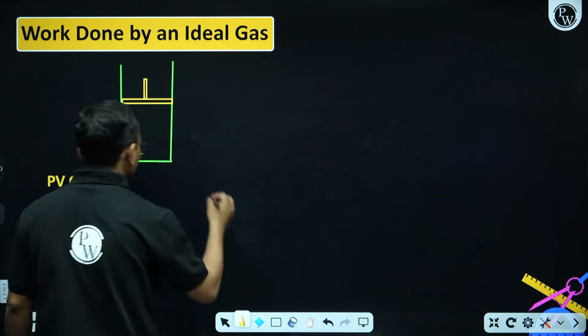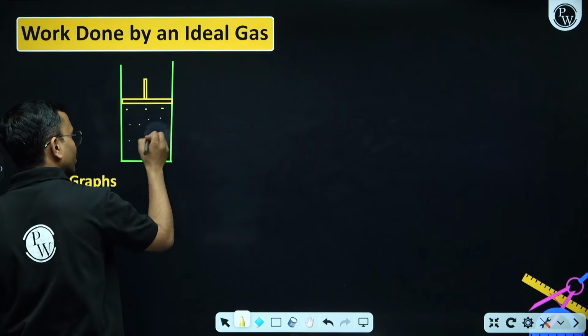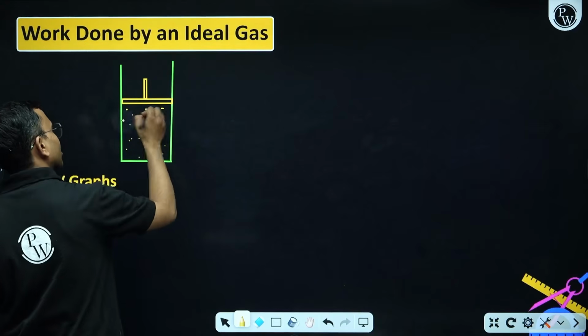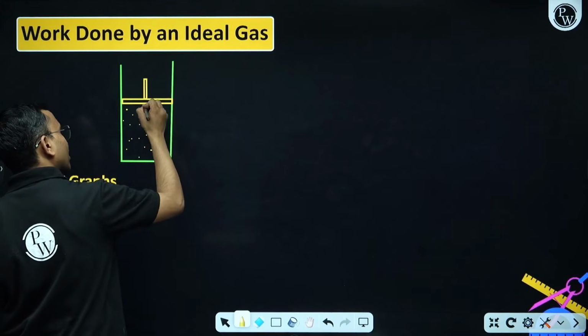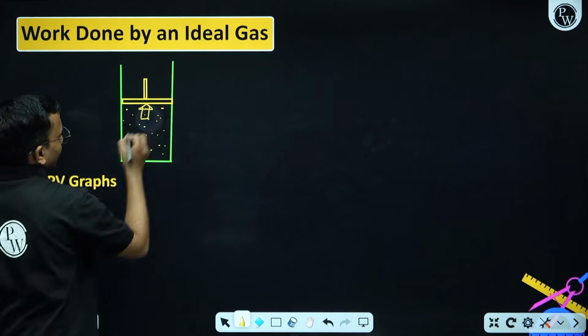The gas is there inside it, so I show dots like this. Let us take that the gas is now expanding. If the gas is expanding, it will be pushing this piston up.